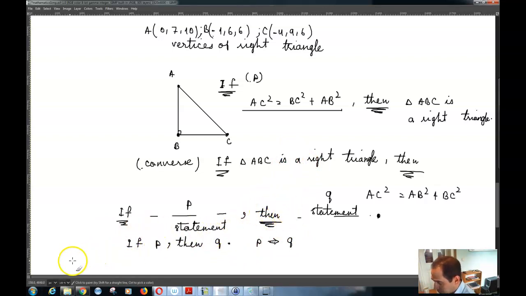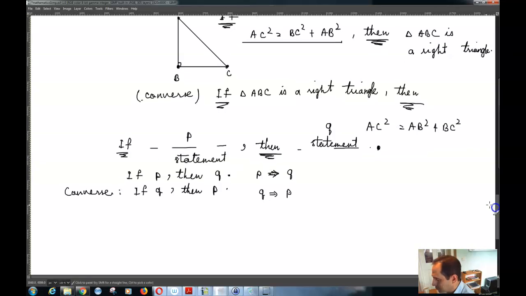Now the converse of this would be if Q then P. The notation for that is if Q then P. Since you have if P then Q, and if Q then P, meaning that this statement is true and the converse of the same statement is also true, then writing this whole thing takes up a lot of space and uses a lot of words to explain this situation.